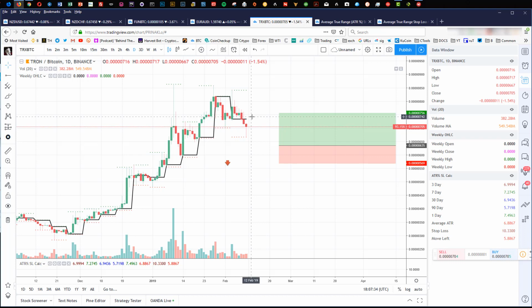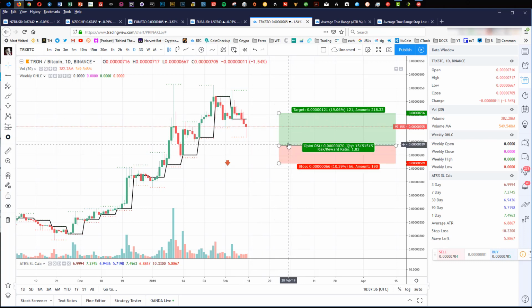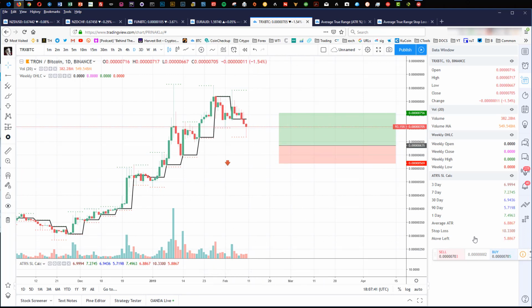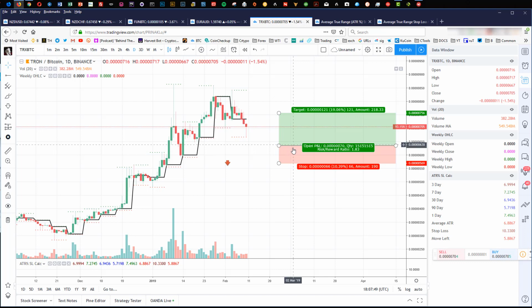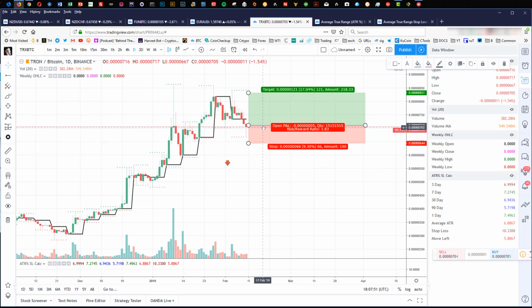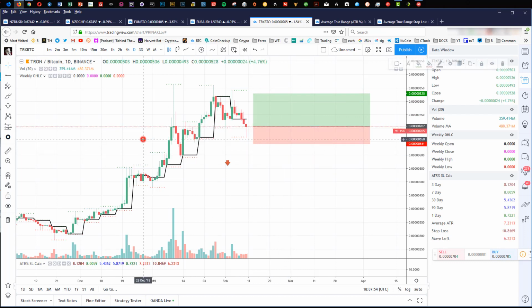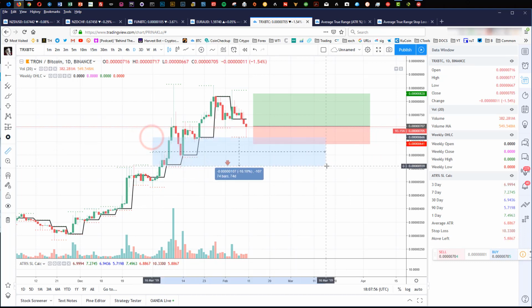If it moves 10.3%, most likely my trade is invalidated. Or if I enter a position here and there's not enough reason for me to believe there's going to be support within the marketplace by buyers within that stop loss area, why should I take the trade right now? Maybe I should be patient.